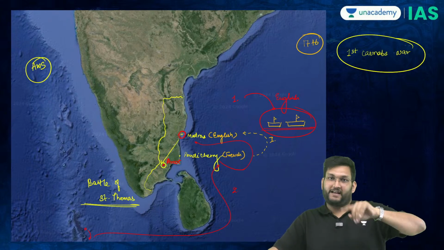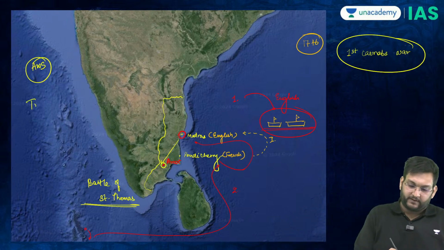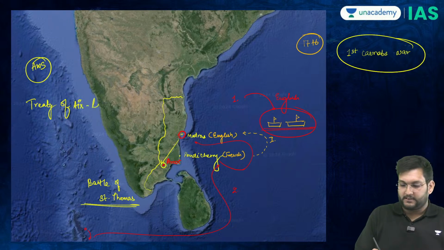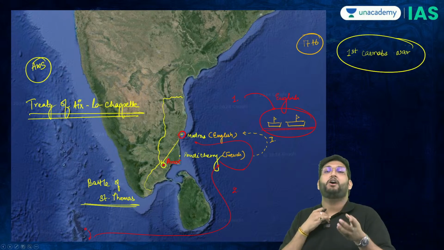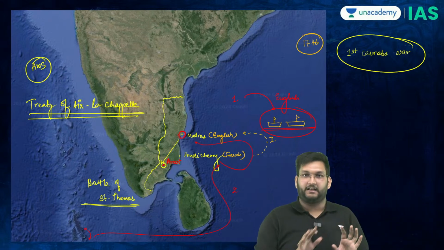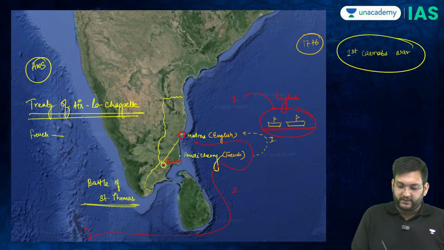And because of that, there will be the Treaty of Aix-la-Chapelle. In the Treaty of Aix-la-Chapelle, because the British had won this sector, they are going to say, French, you return us Madras, and we are ready to give you certain areas in North America.